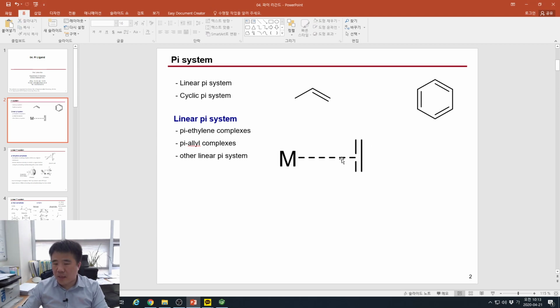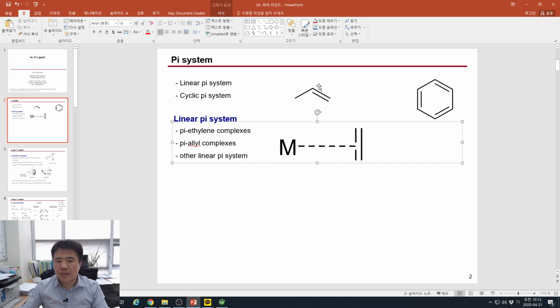Ethylene can coordinate to transition metal by using its pi orbital. The p orbitals can overlap each other and make a new pi molecular orbital. This molecular orbital can coordinate to transition metal.